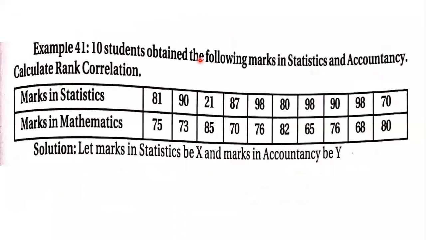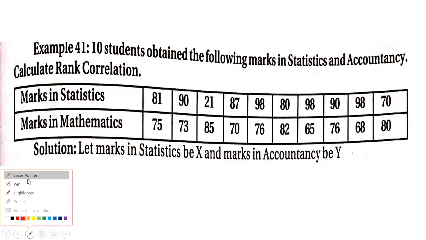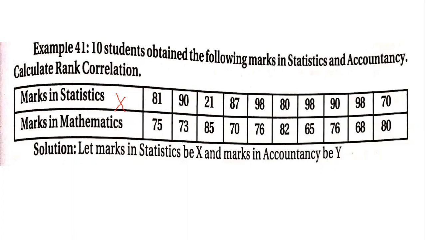They have given the marks of statistics as well as accountancy. There's a printing mistake, it's not mathematics, it is accountancy. So let us assume the marks in statistics to be X and the marks in accountancy to be Y. So one is X, the other one is Y.